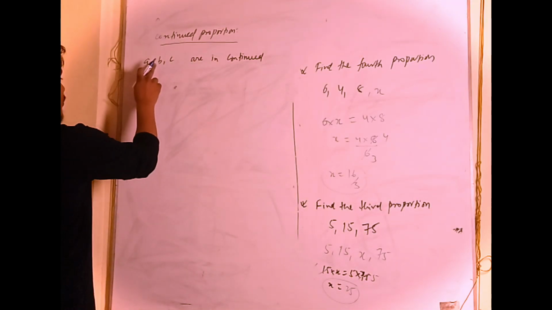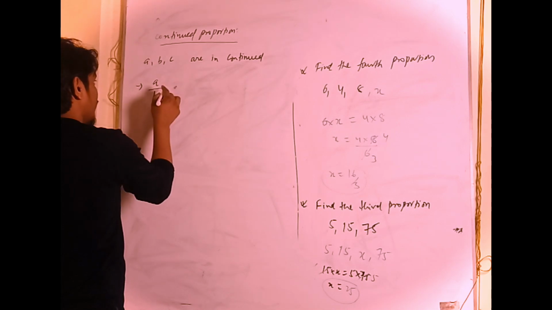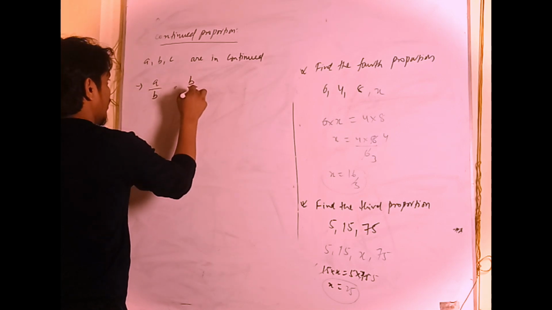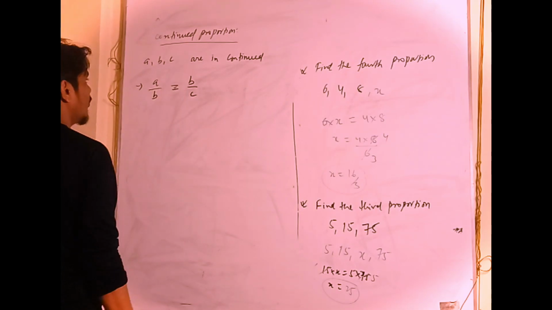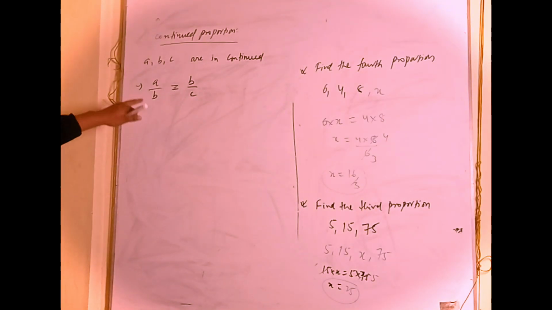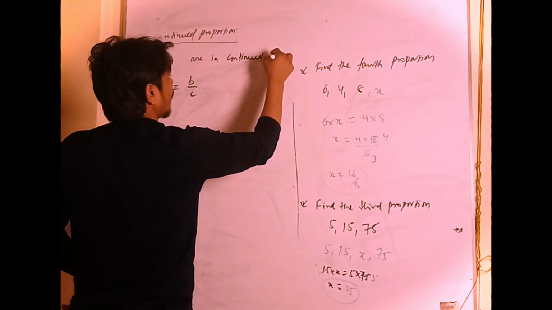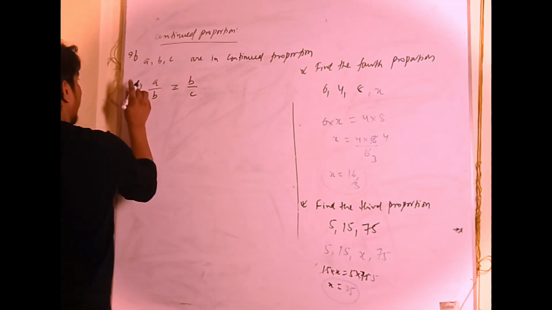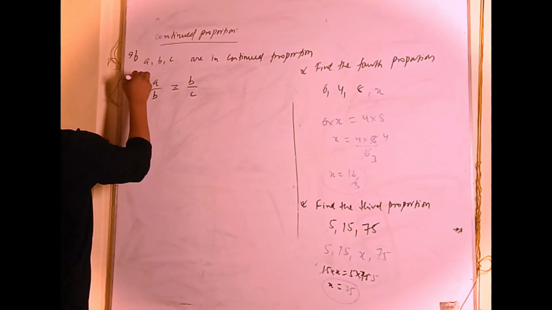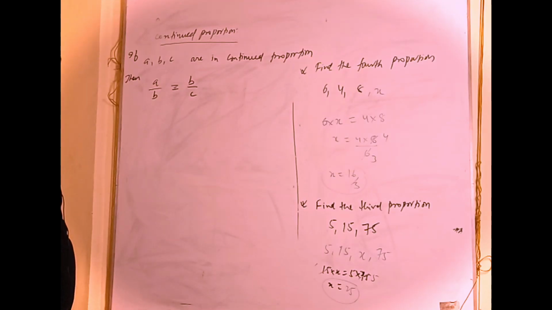So here A ratio B, and then there is a continuation, so that then B ratio C. So A ratio B is equal to B ratio C. If A, B, C are in continued proportion, then we'll get A over B is equal to B over C.